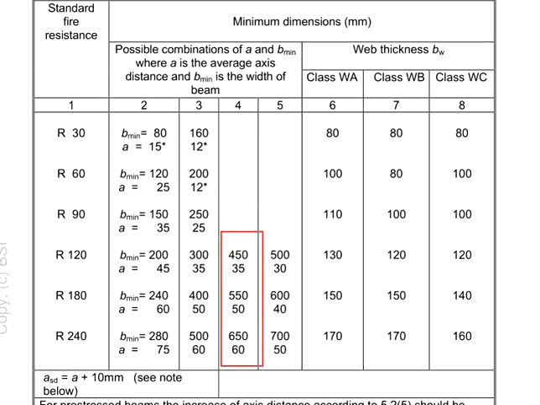As for column 4 and column 5, whichever axis distance that you have obtained, that will be it. You do not need to add an additional 10 mm as the final axis distance.